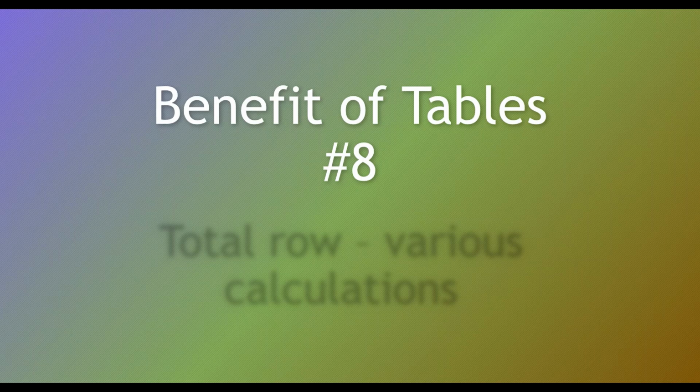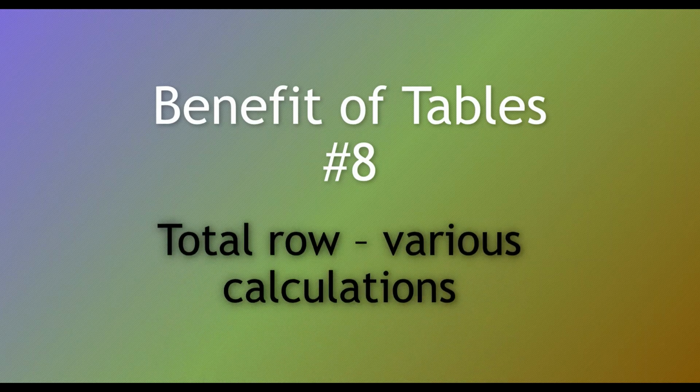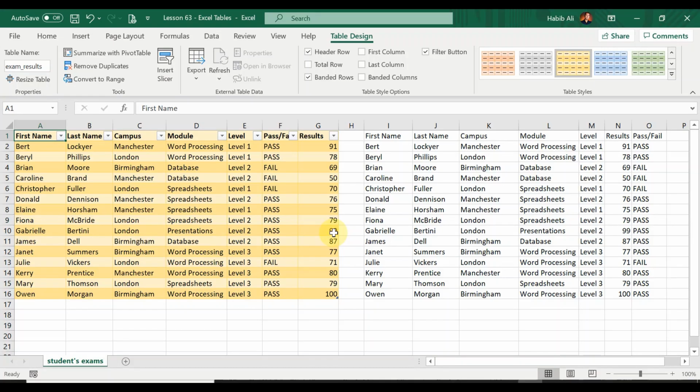Benefit number 8, total row where various calculations can be carried out. So I have left this one till the end. When you have a table in a spreadsheet, under the table design tab, you can take the total row option, and this will give you a new row at the bottom of your table.